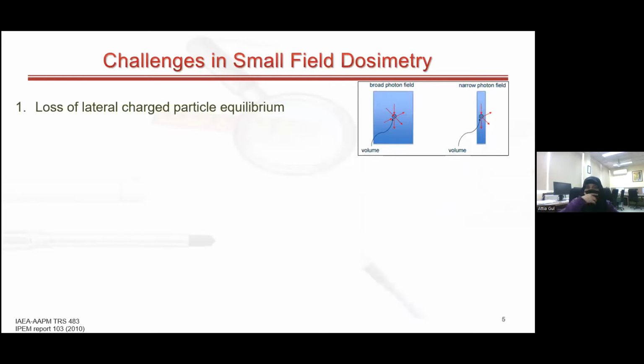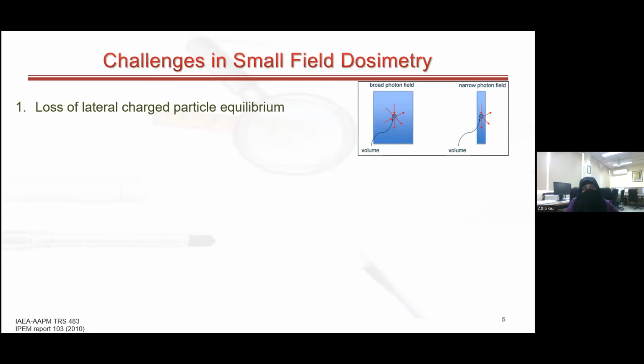Small field dosimetry has some challenges, and these challenges basically define the condition of small fields scientifically. The first condition is loss of lateral charged particle equilibrium.